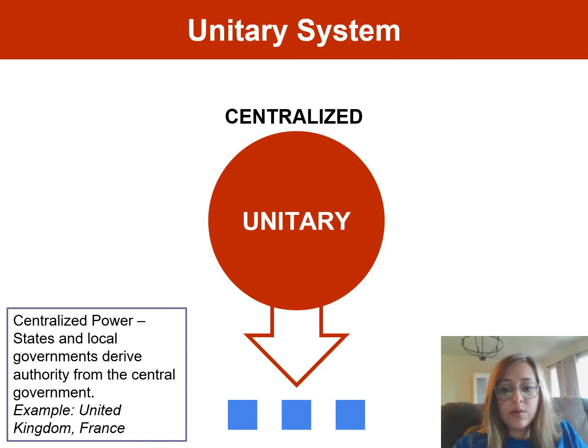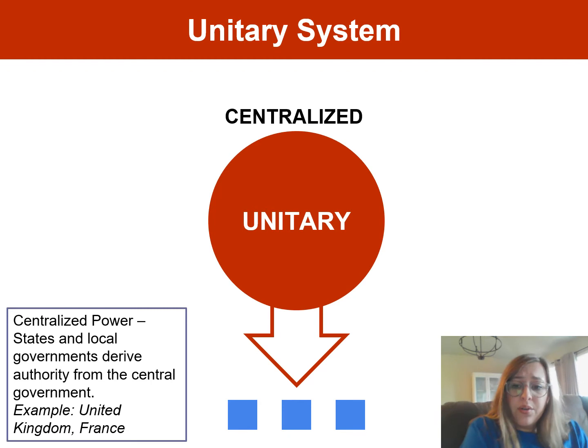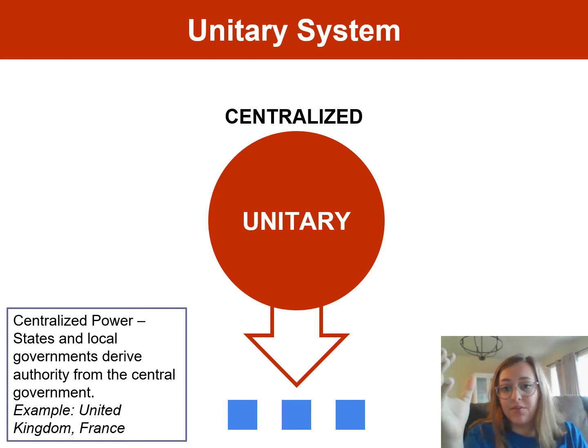First, the most common system in the world at this time and still today is the unitary system of government. In a unitary system, you have all of the government power centralized, just one national government, more or less. All power is derived from that national government. States and local governments more or less act as satellite offices of the national government.